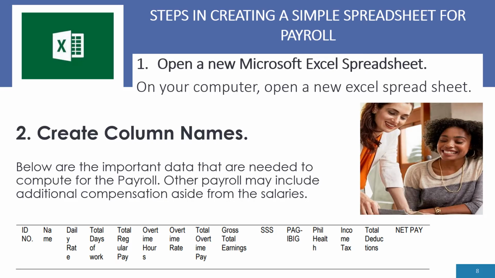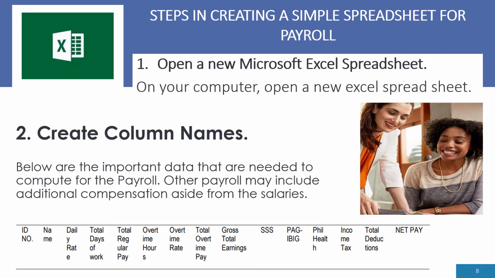Step two is you're going to create column names. Below are the important data that are needed to compute the payroll. Other payrolls may include additional compensation aside from the salaries. You are going to type in each cell the following given below here.